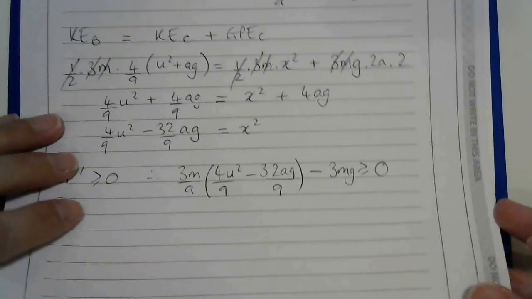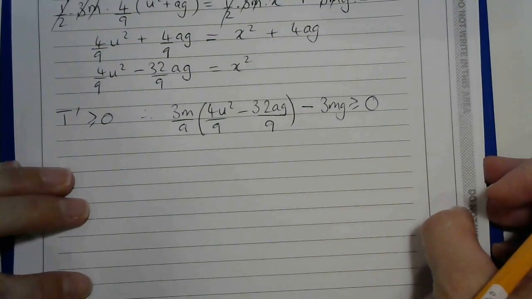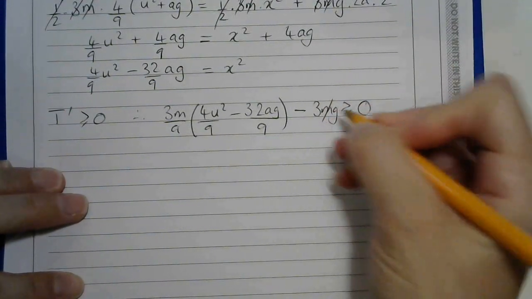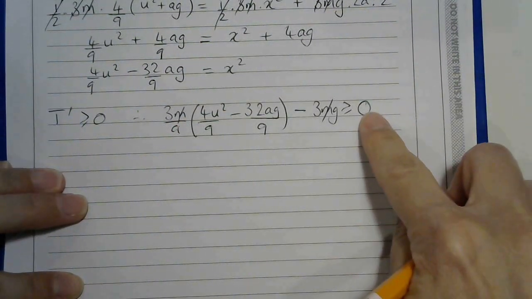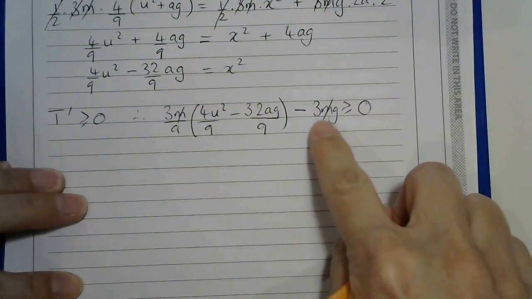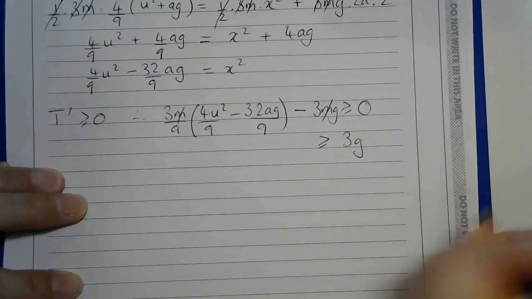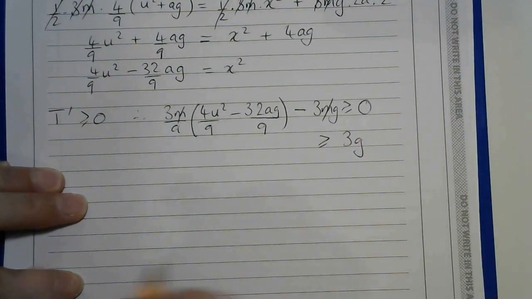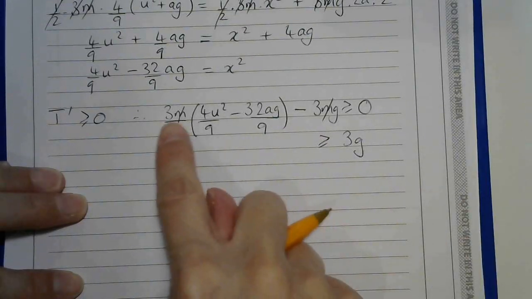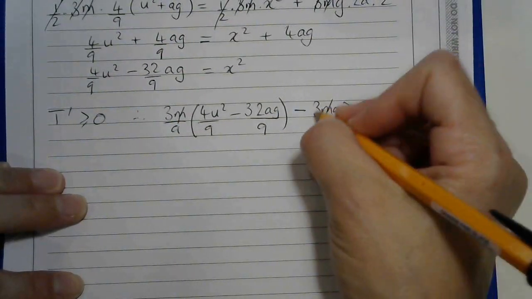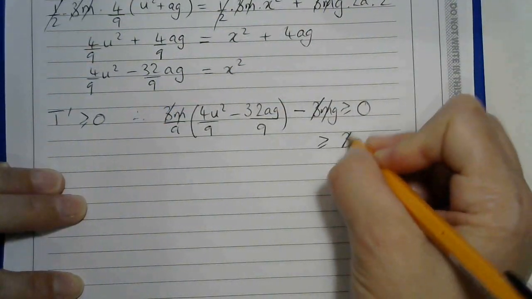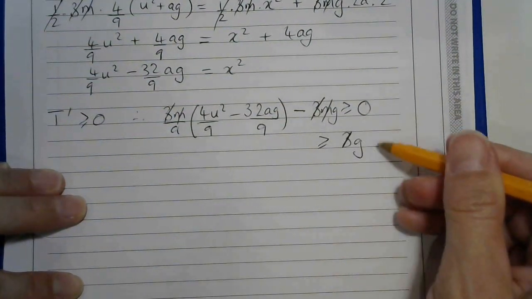And I'm looking for an expression for u squared. Okay, so I could divide everything by m, and 0 divided by m makes 0. I can add 3g to both sides. Then, oh dear, I could have got rid of the 3's as well, actually. Okay, so in that case I add g to both sides.